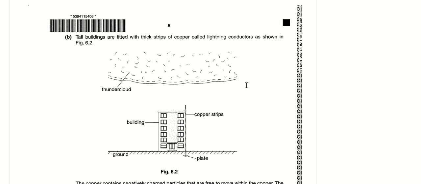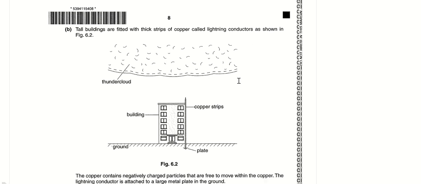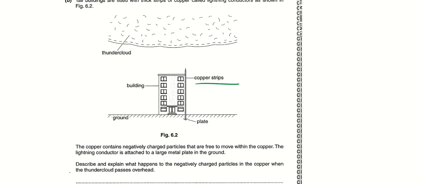Tall buildings are fitted with thick strips of copper called lightning conductors, as shown in figure 6.2. So this is actually my lightning conductor. The copper contains negatively charged particles, which are actually electrons. Remember, only electrons are free to move within the copper. The lightning conductor is attached to a large metal plate in the ground.